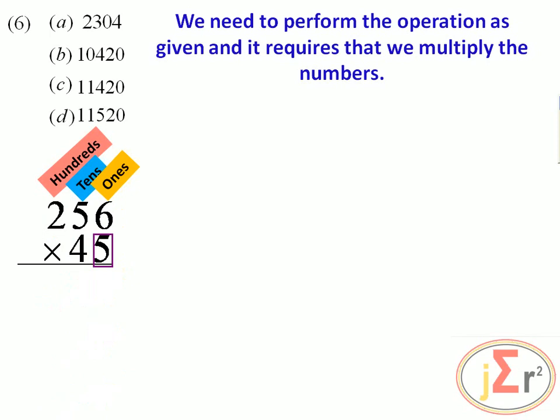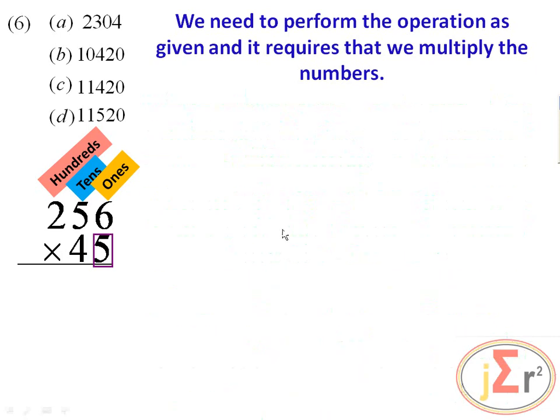When multiplying numbers like that, Jerry, where do we begin? At the ones column. Right, because on this occasion, the ones column contains the digits of least significance, or the digits that represent the smallest place value.